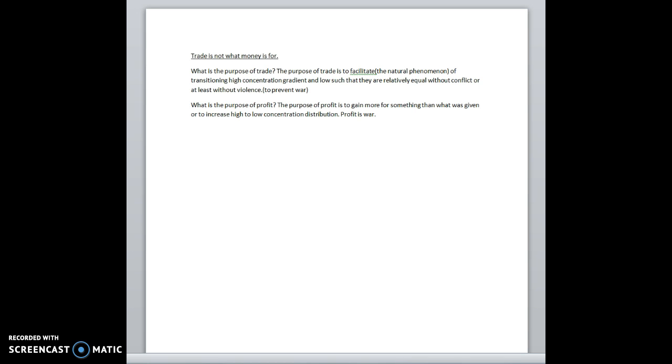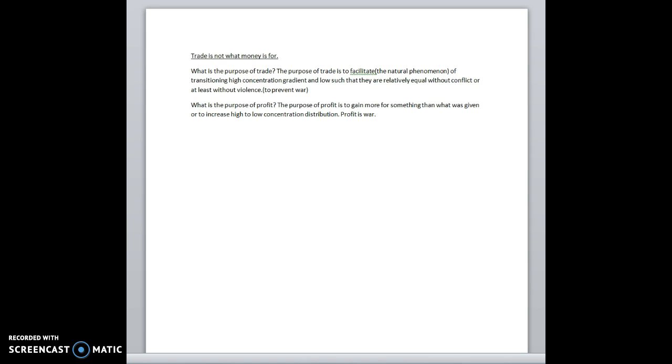It's not exclusive to civilization. It's not exclusive to science and classroom. It's what existence does. You see it with heat versus coolness. You see it with light versus dark. It's a basic fundamental. So trade is natural.